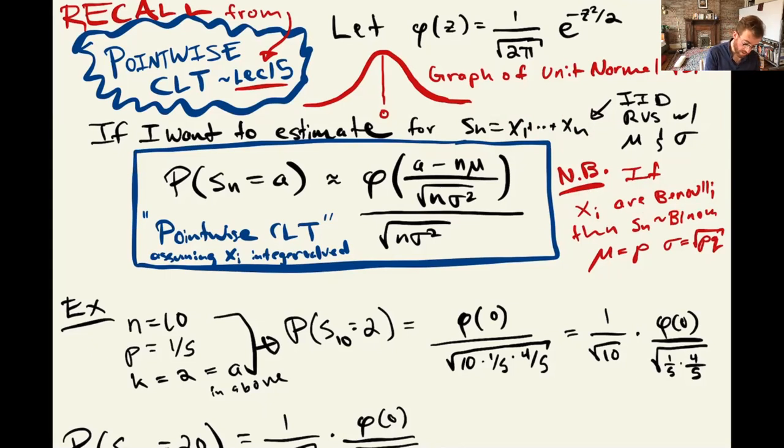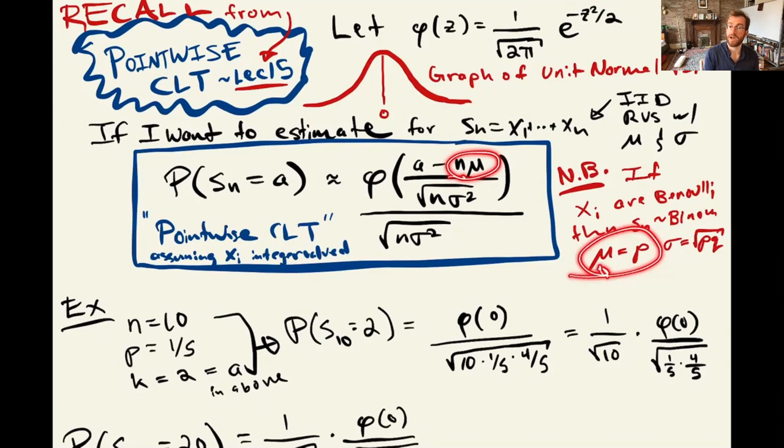In the case where you apply this formula and each of the Xi's is Bernoulli, then you know the sum is binomially distributed. Only in that case can you make this n times mu the same thing as n times p, because mu equals p for a Bernoulli random variable.